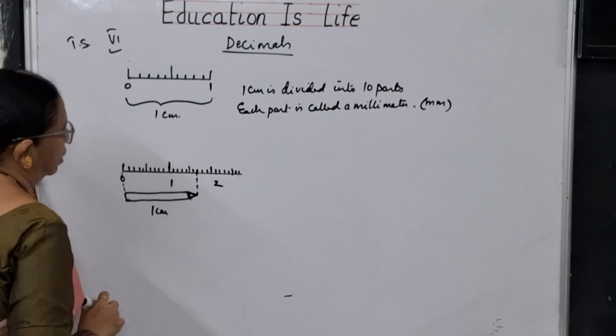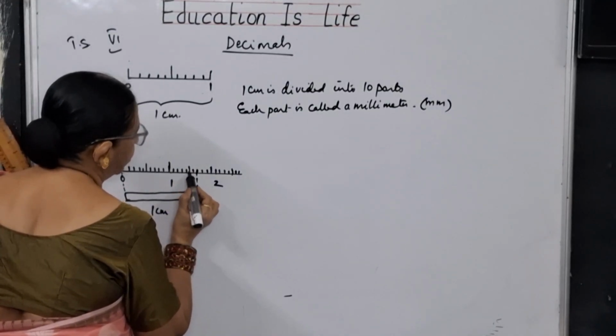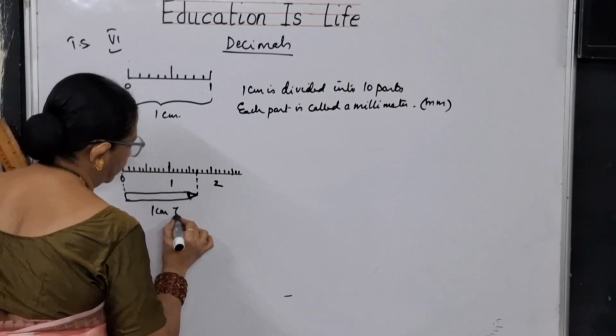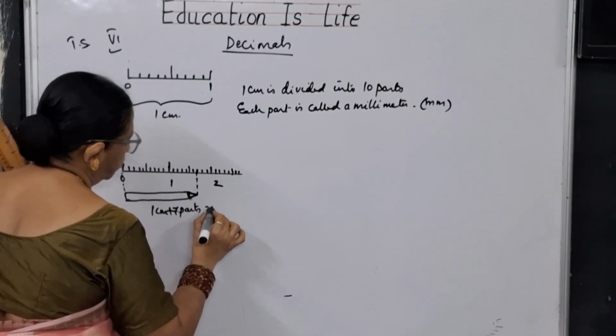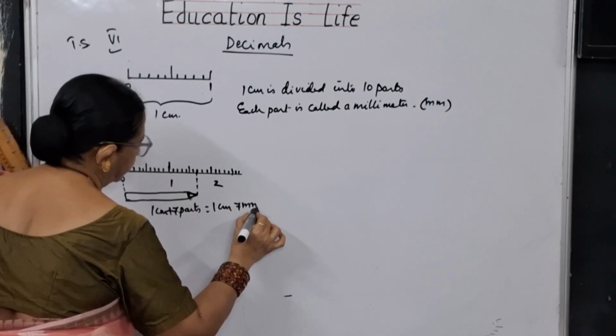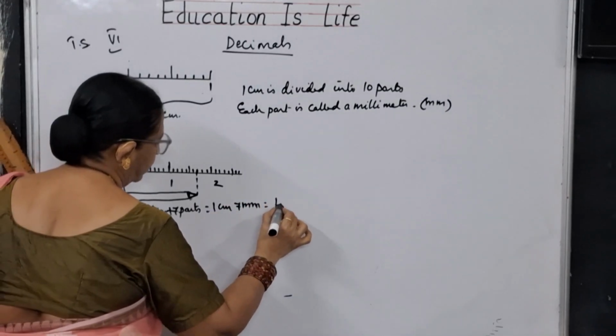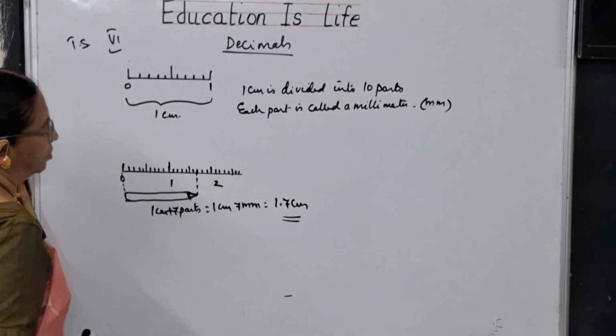And then how many parts? 1, 2, 3, 4, 5, 6, 7 parts. 1 centimeter plus 7 parts means 1 centimeter 7 millimeters. You will call it 1.7 centimeters.